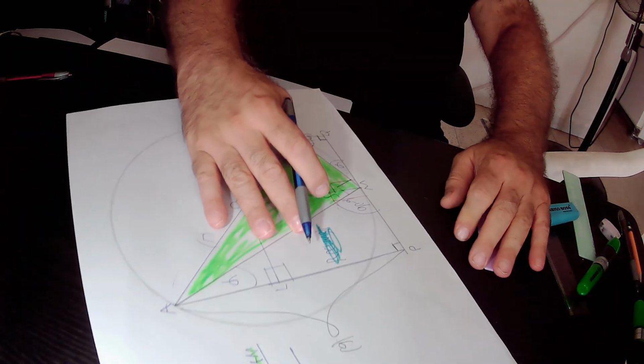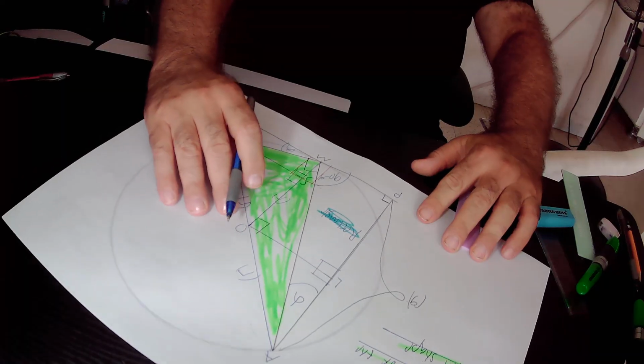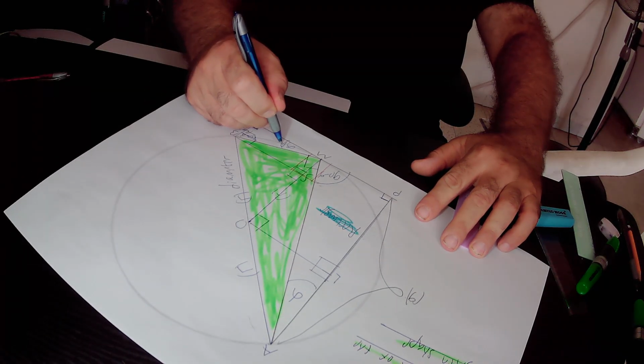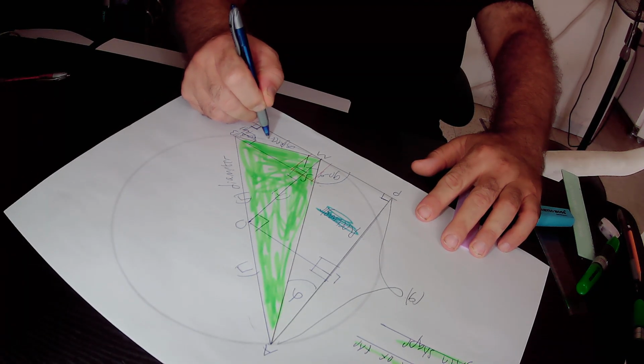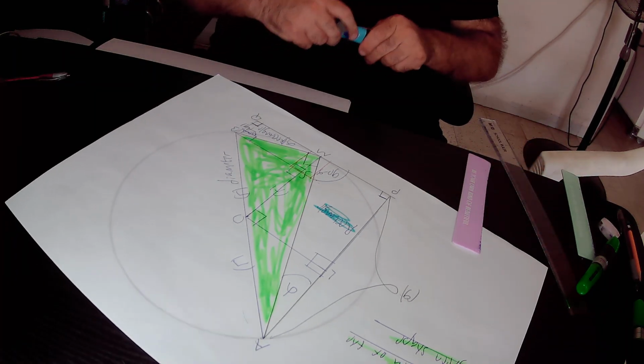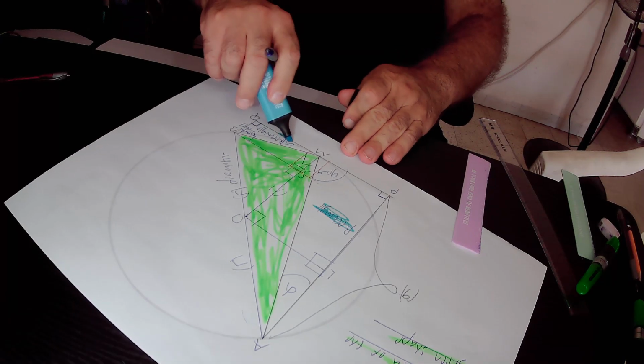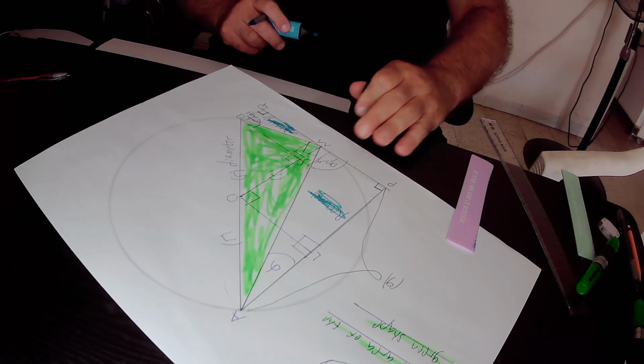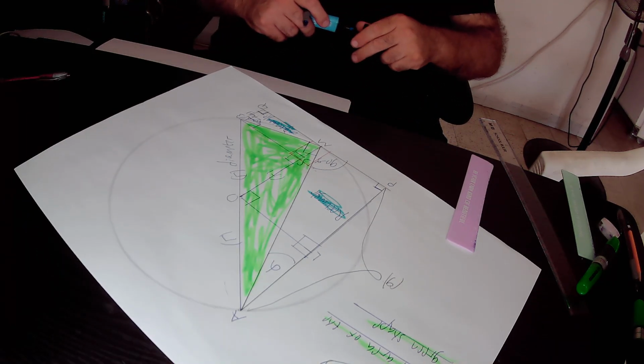Write it down. It's a rectangle because it has 4 right angles.